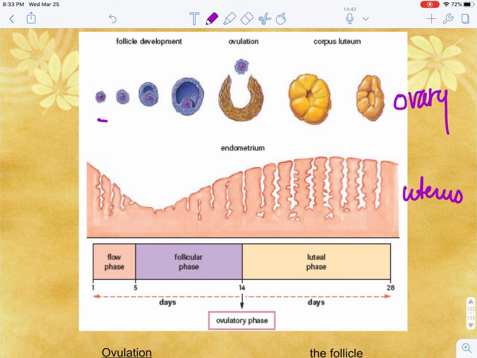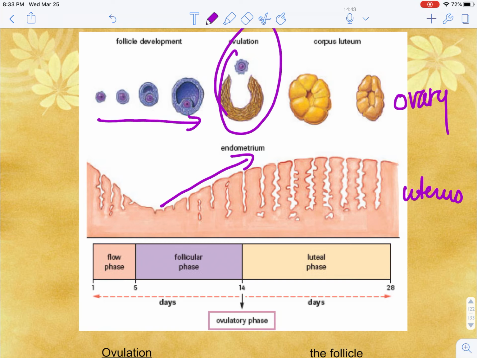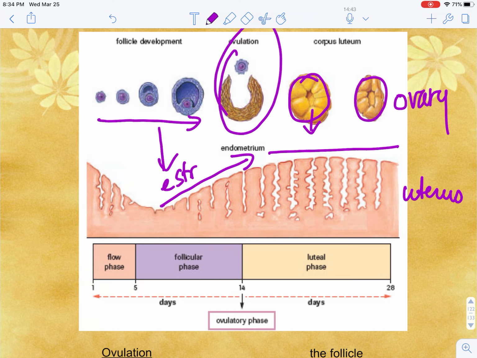So you can see as the egg is developing, the lining is building. When the egg is released, we know that's called ovulation, but it leaves behind those corpus luteum cells, which are making progesterone to maintain the lining. Developing egg makes estrogen. Corpus luteum makes progesterone.